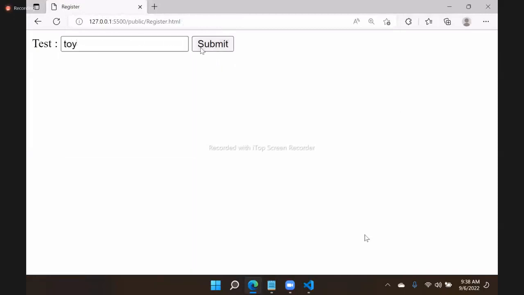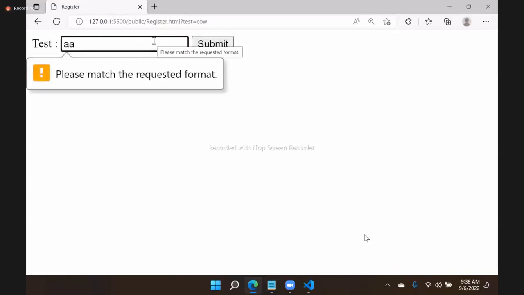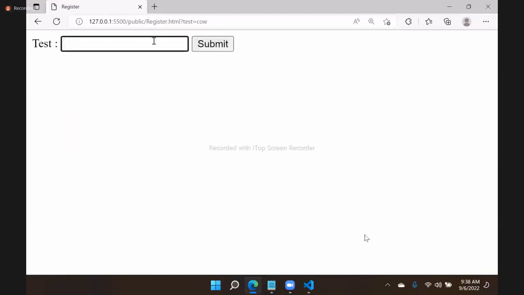Submit, it is allowed. DOS is allowed. Cow is also allowed because in the middle is O. Anything else is not allowed. Something like 102 is also allowed. It just needs O in the middle, right?